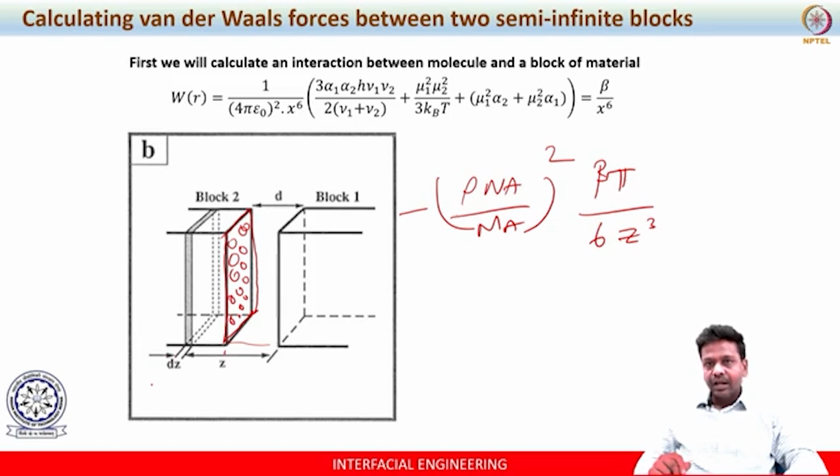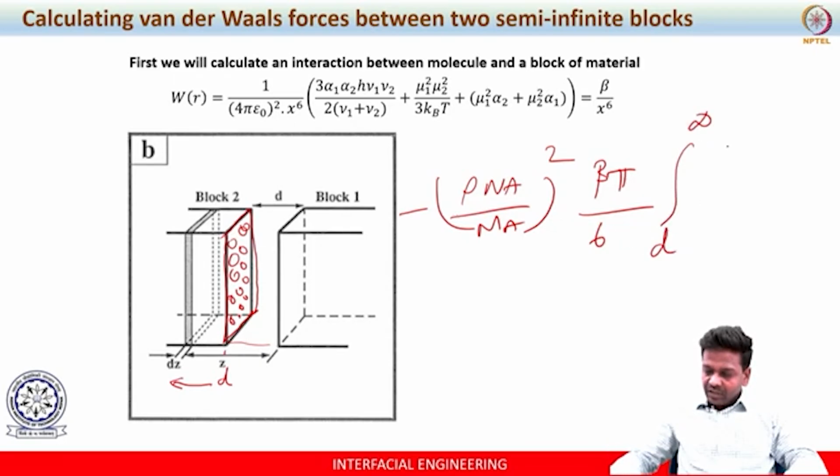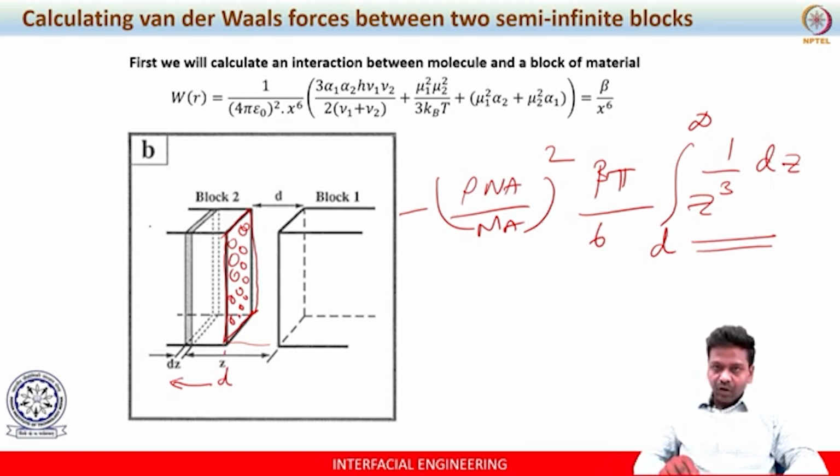For example, it can be from d, the separation distance, to any astronomical distance, that is infinity. If I perform the integral between d and infinity of 1 by z cube dz, I will be able to obtain the pairwise interaction of all the molecules present in block 2 as well as block 1. That is exactly what we wanted to do.